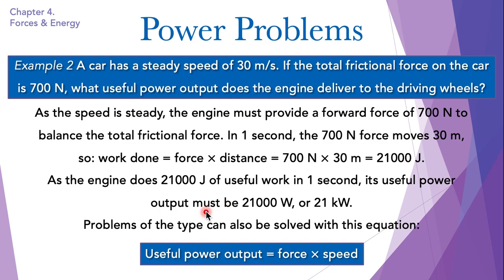Now let me tell you this. Problems of this type can also be solved using this equation. Like we did all of this stuff, this is also correct, but we can also use this equation, which is useful power output is equal to force into speed. So the total forward force multiplied by speed and we get the useful power output. So we just have to multiply 700 newtons by 30 meters per second and we would have got the useful power output.